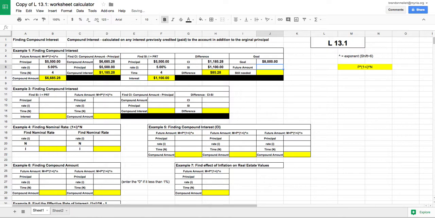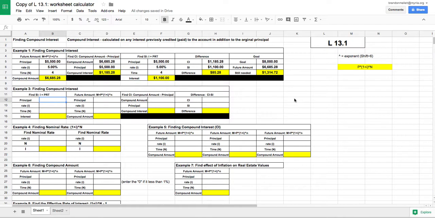They would not be able to raise that in time. So the difference would be $8,000 minus the future amount, and they would be $1,314.72 short. So in this example, we're able to use the compound interest formula to calculate this.